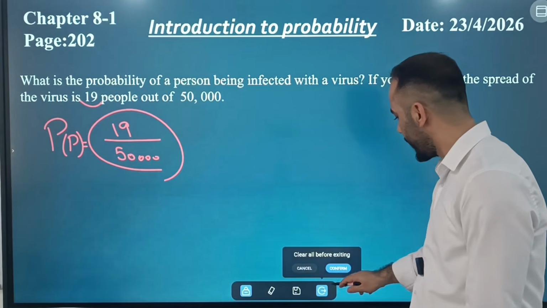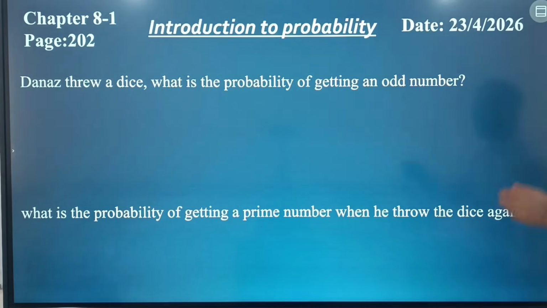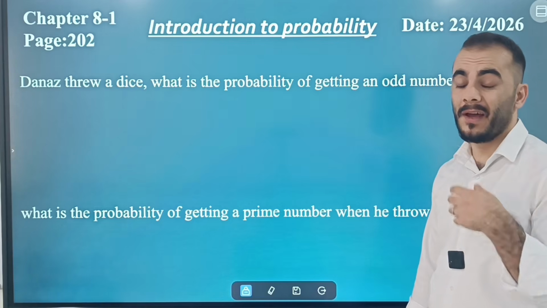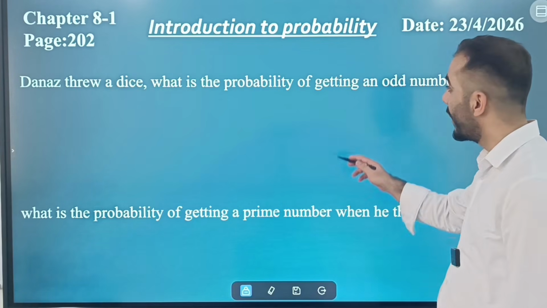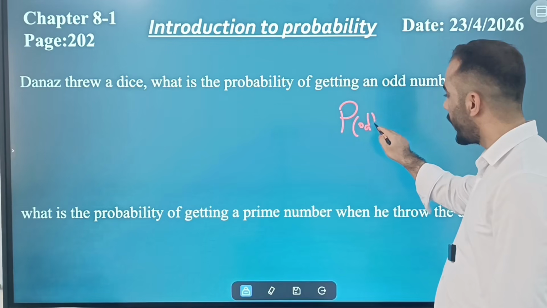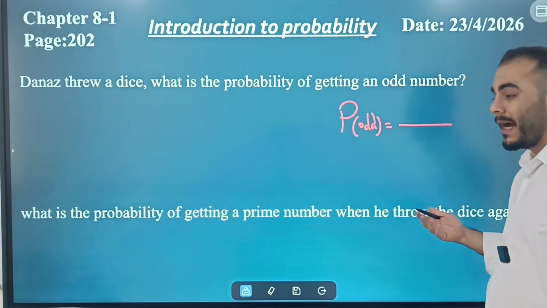The next example says that Danas threw a dice. What is the probability of getting an odd number? These are familiar questions that we already got familiar with in 9th grade. So, probability of an odd number on a dice. On a dice, totally how many outcomes do we have?